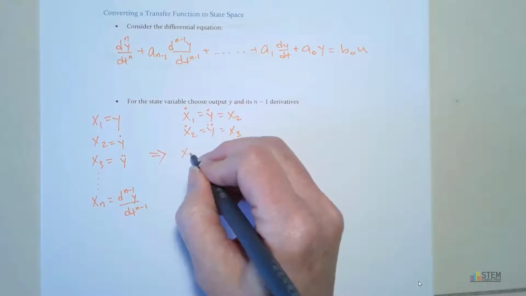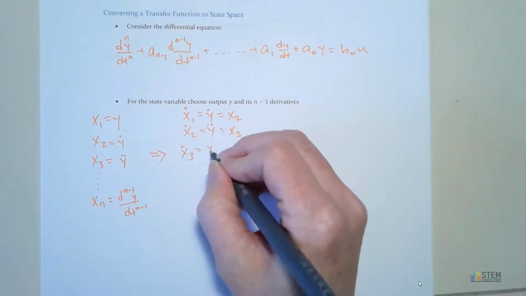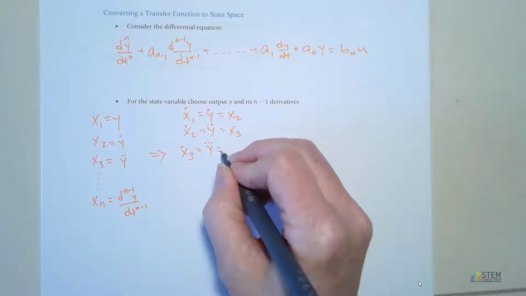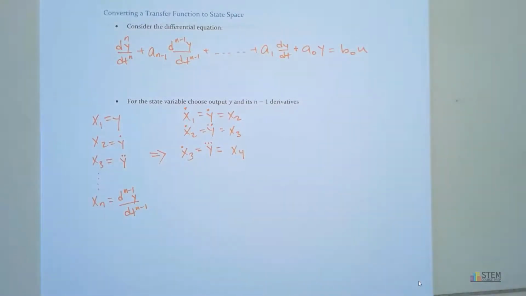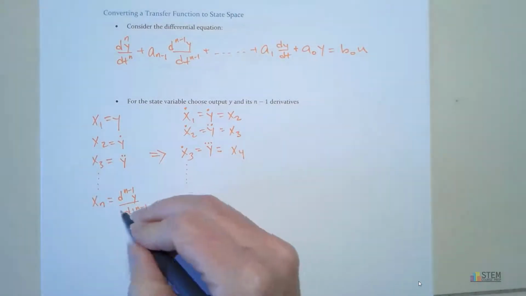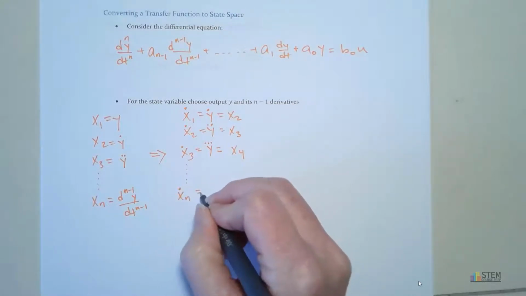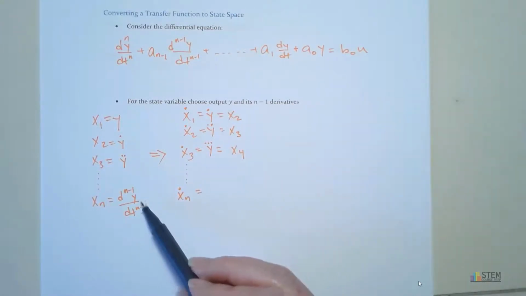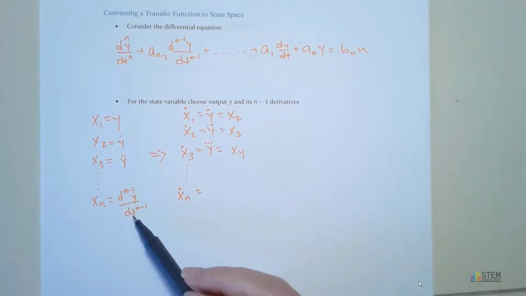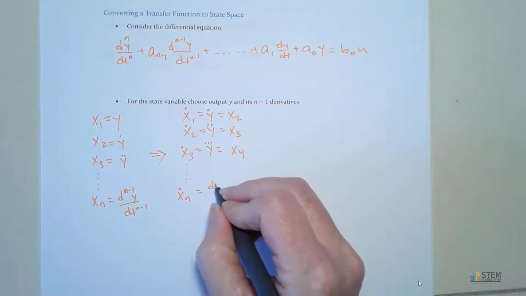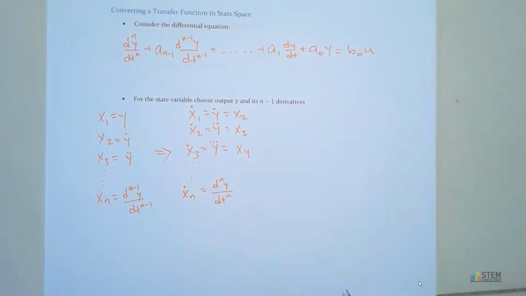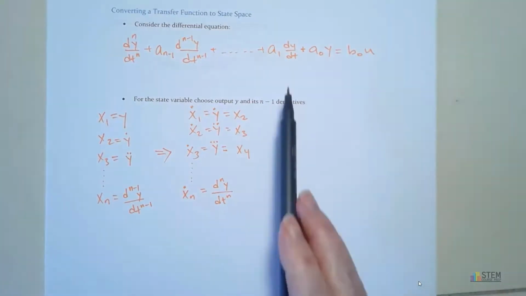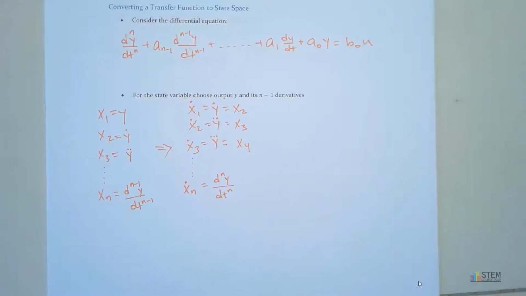Then x3 dot is the third derivative of y, and that would be x4, because that would be right here if I had written it out. You're going to keep going until you get to this last equation, and then you have xn dot. Well, xn dot has to be the derivative of this, so that takes us to the nth derivative of y, and that's why we only went to the n minus 1 over here. So now this is taking us back to that equation, because you always have to get to your differential equation, because that's what's modeling your system.